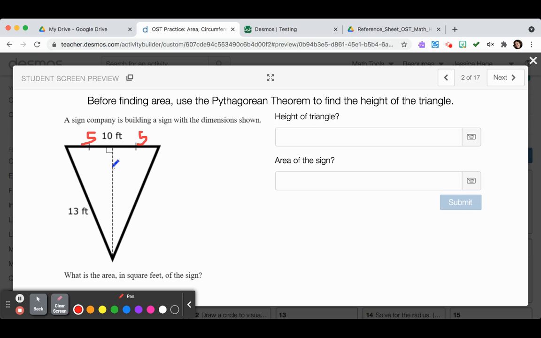In order to find the height, remember we have 90 degrees, so we have A, this is our C, and we have B here.